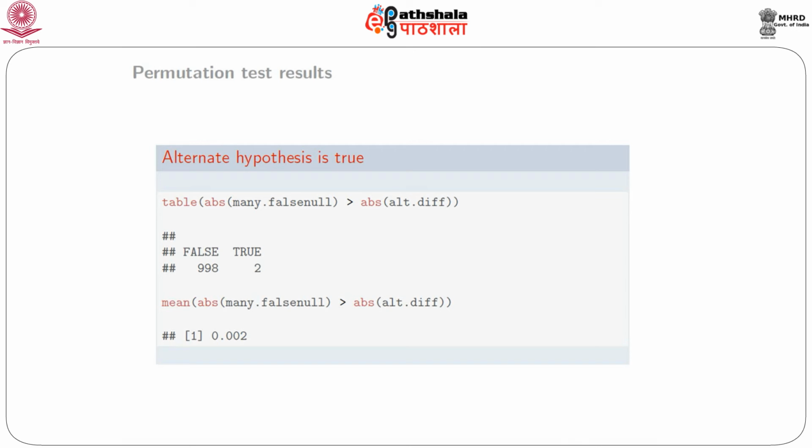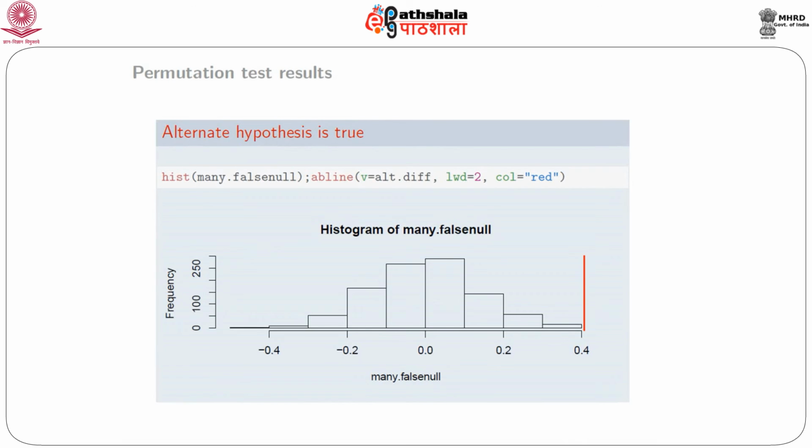And if we compute the mean, that means the proportion, it comes out to be 0.002. So using the permutation test, we are getting the same result as that of the t-test.